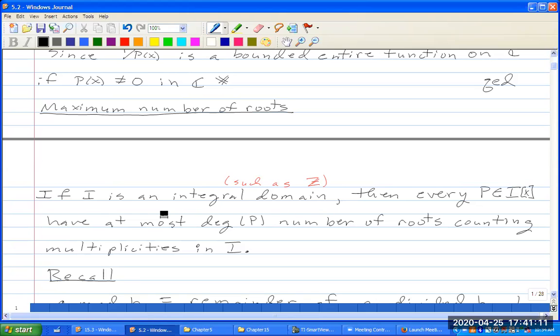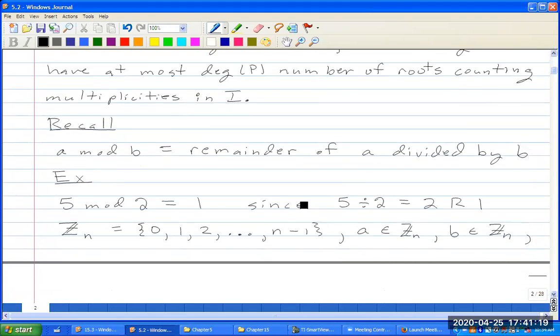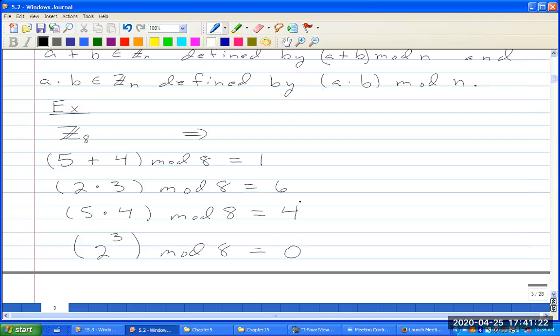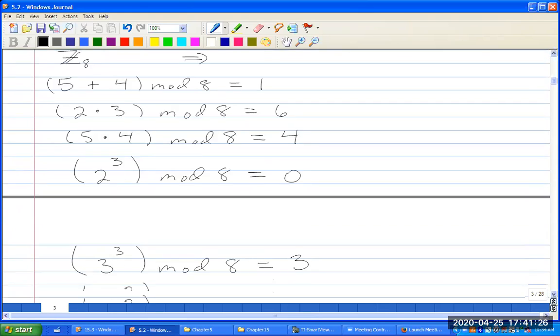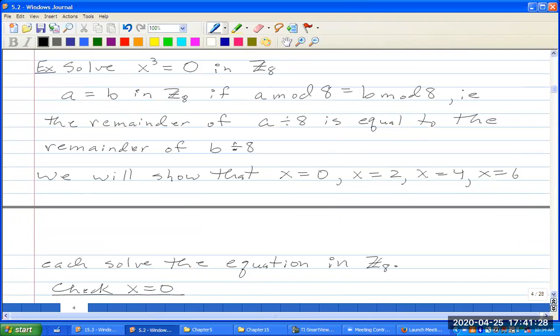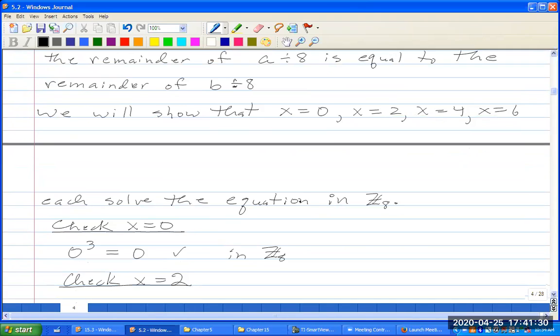If it were something like the integers, then I could do it. And the reason is because the 8 is not prime. If 8 were prime, if I did Z5, Z19, everything would work nicely. But Z8 is not good.